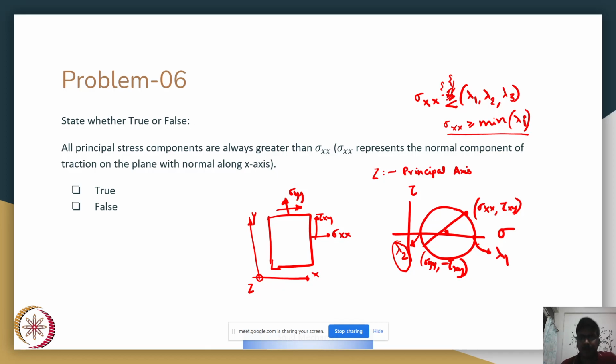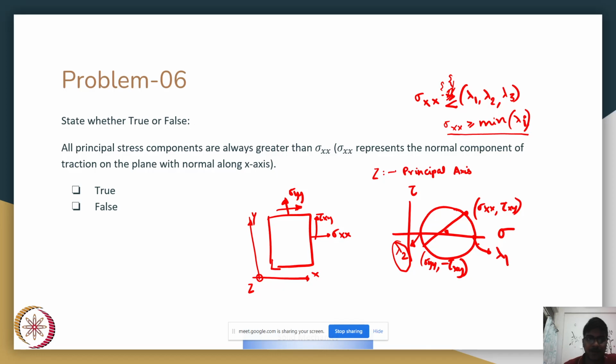Is this clear, or do you want me to give another example? Sir, in that circle, we have seen that sigma xx is less than some lambda 1, but it is greater than lambda 2. So the statement that sigma xx is less than all of lambda 1, lambda 2, lambda 3 is wrong.